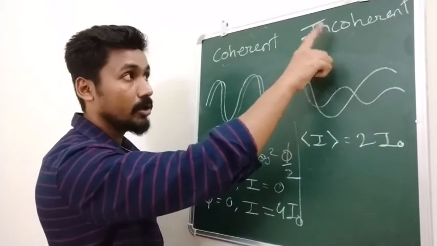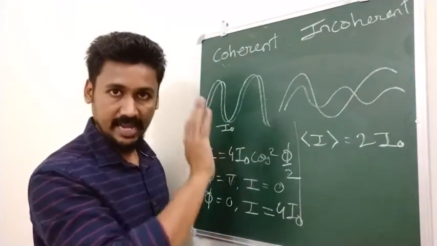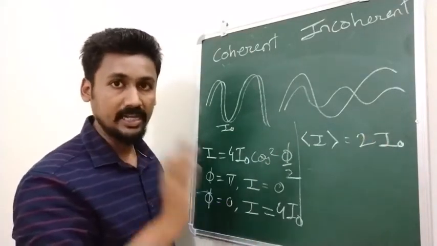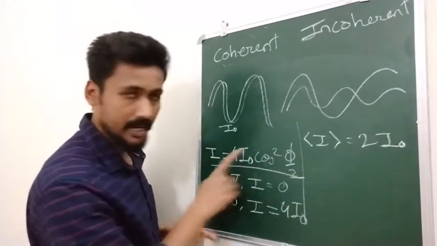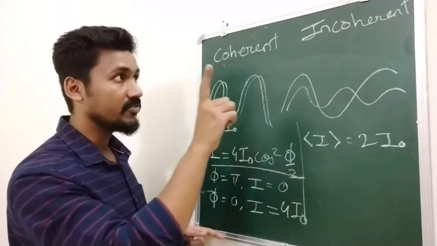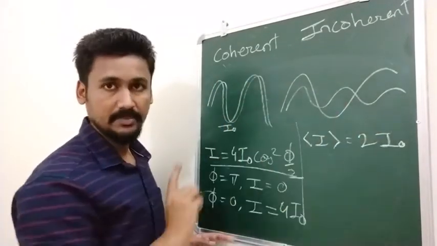For incoherent sources, the resultant intensity is an average equal to double the individual intensities. So we remember these two formulae: for coherent sources, I equals 4 I naught cos square phi by 2, and for incoherent sources, the average intensity is 2 times I naught.